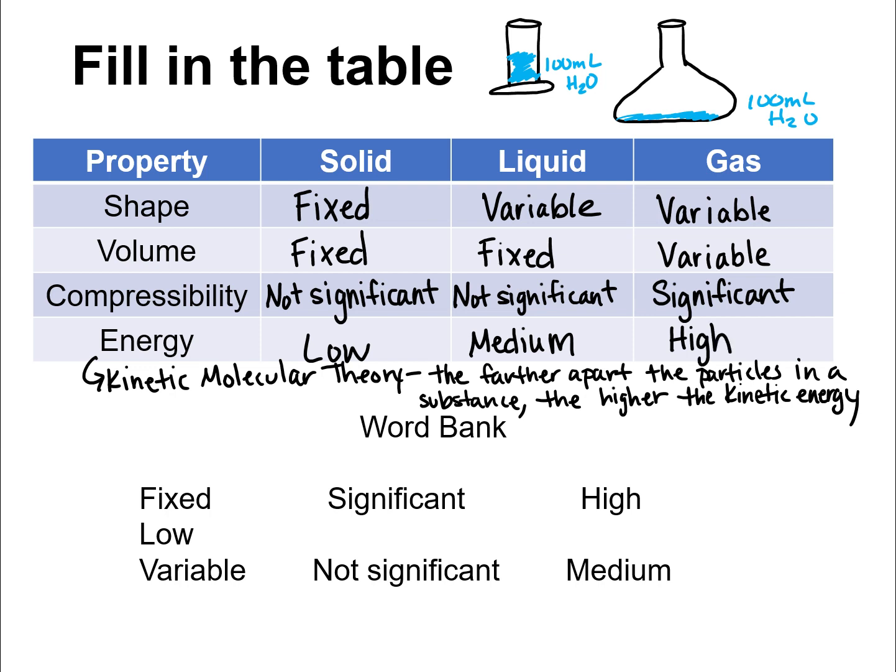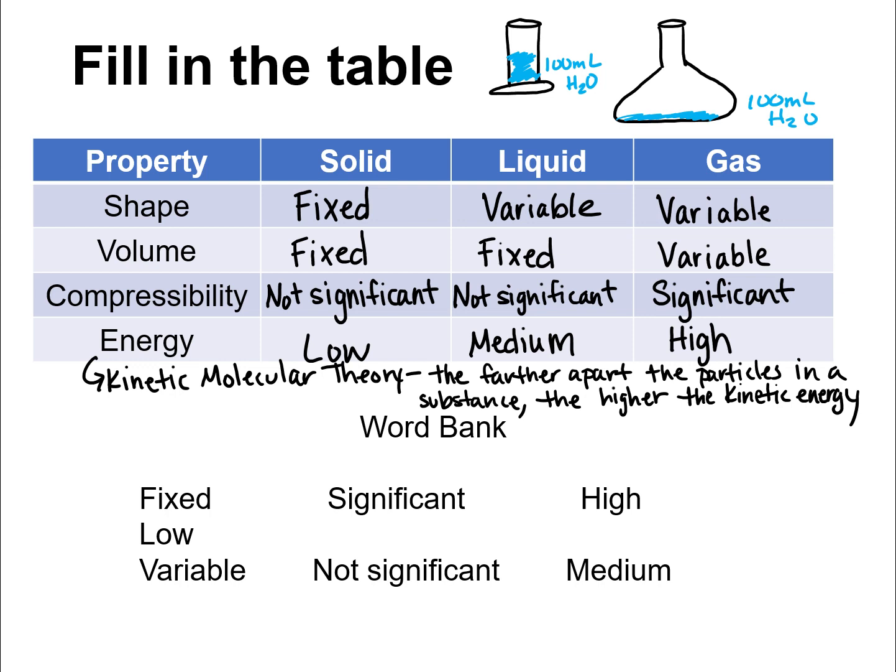The particles are very far apart. They're zooming around really quickly, hardly interacting with each other at all. And like I said, we have a whole chapter on gases, so this is really as much as we're going to do for chapter 3. You'll need to know all of this information and be able to talk about it and answer questions.